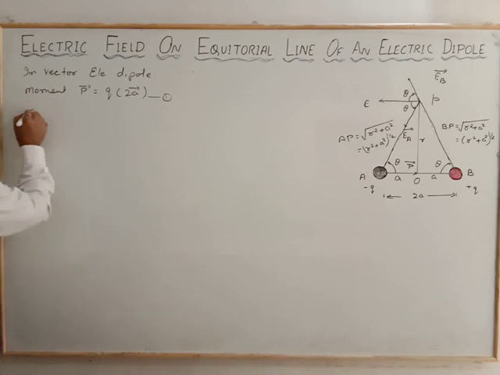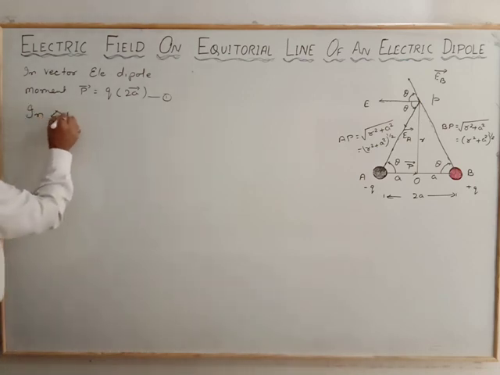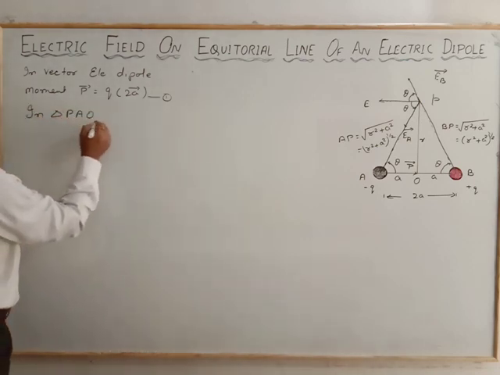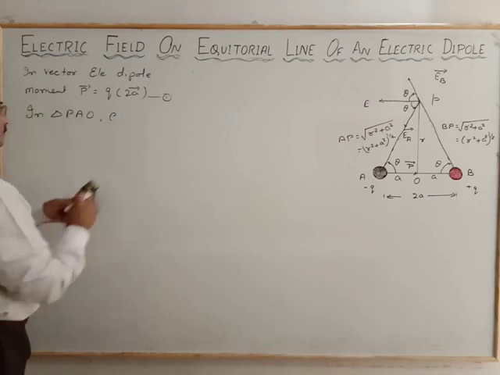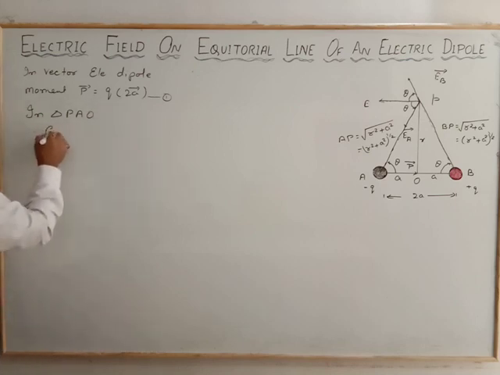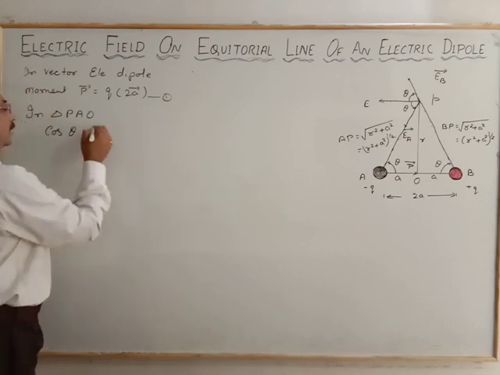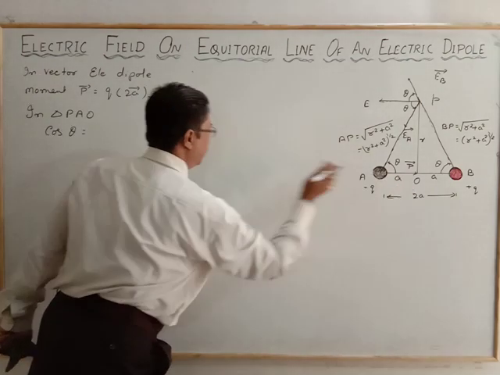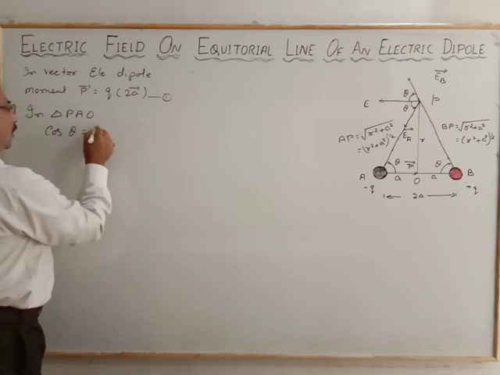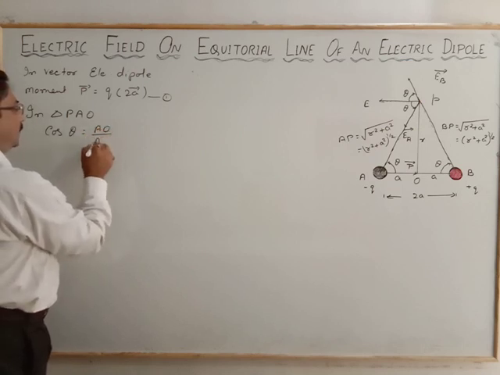So we calculate in the triangle PAO. In triangle PAO, cos theta is equal to OA, or AO by AP.